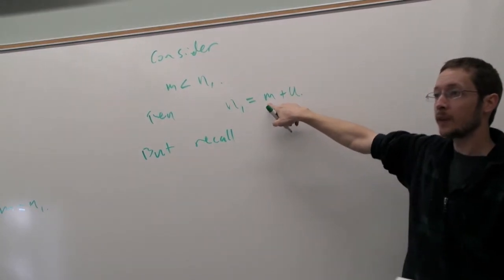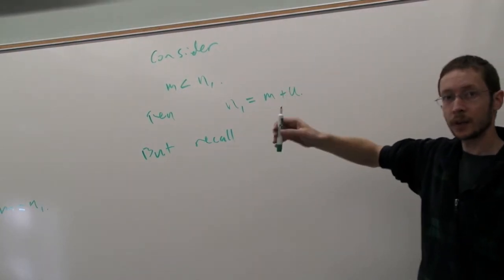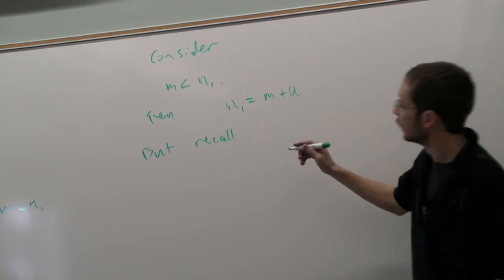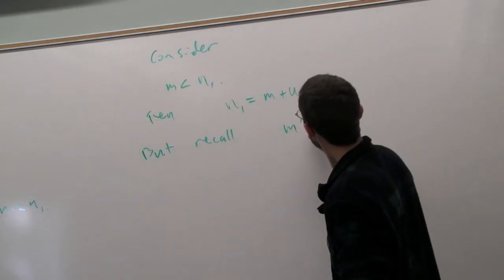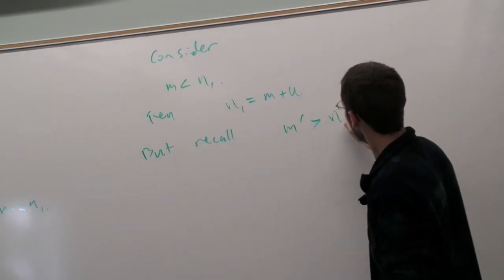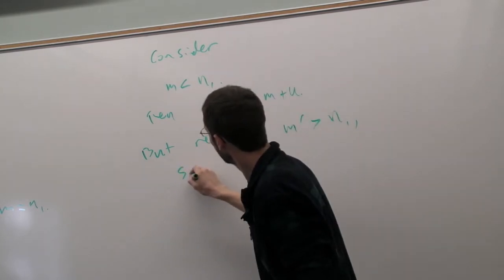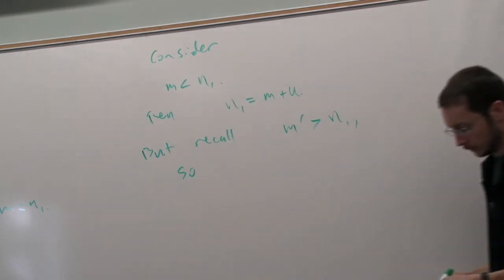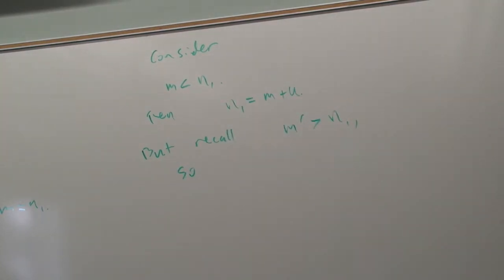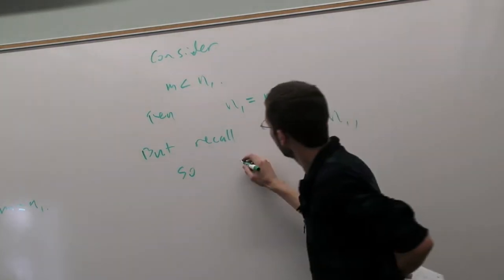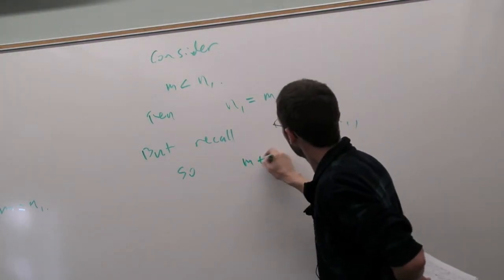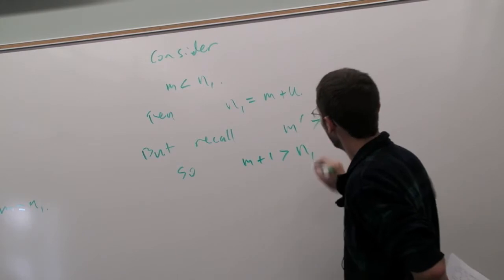But M was that number whose successor is greater than a number from N. So M's successor was greater than N1. And so what we have is that M plus 1 must be greater than N1.